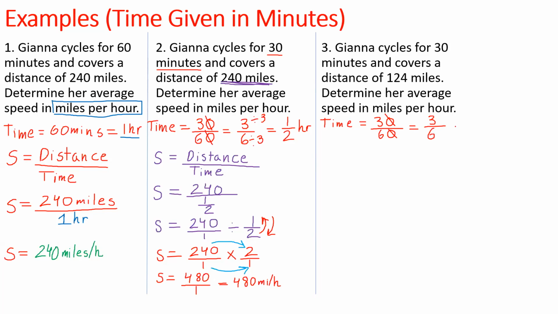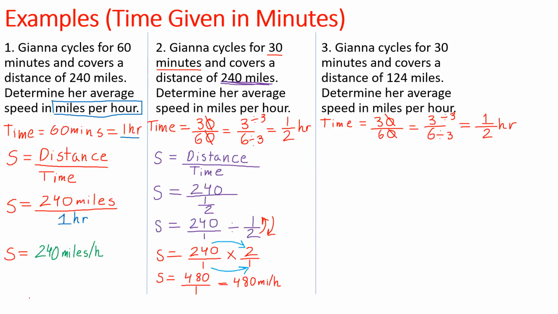And then we're going to divide top and bottom by 3. So 3 divided by 3 is 1, and 6 divided by 3 is 2. So we have half of an hour.